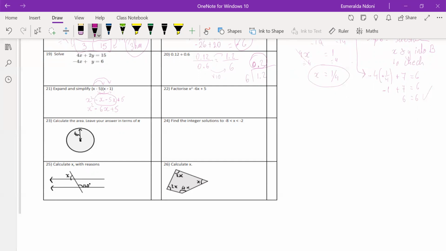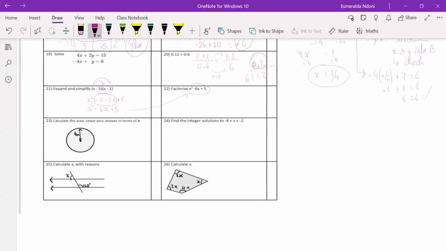Question 22, factorize. So we're going to be doing the opposite of what we just did. And as you can see, this equation that we have here is exactly the same as the one that we just expanded.